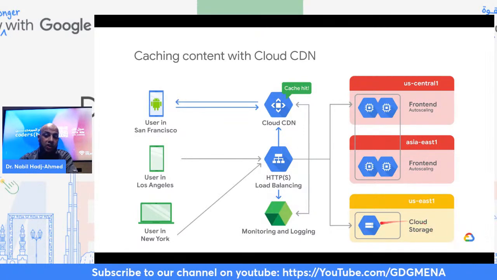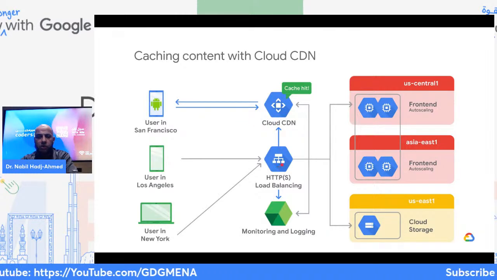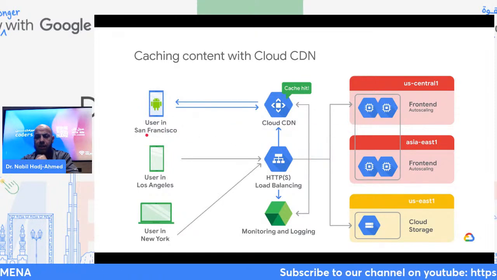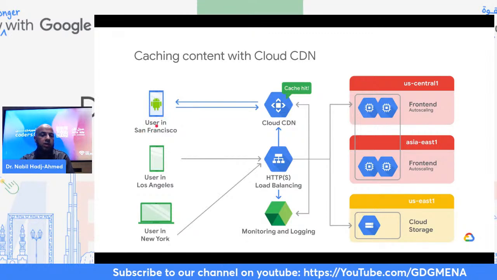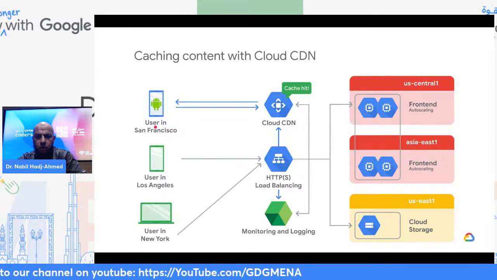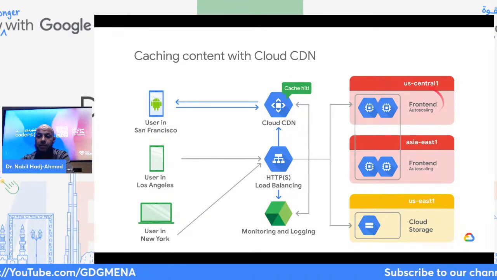And I can use caching of my content as well, just with a tick box as part of the configuration of the load balancer. So with the intelligence that I have in the load balancer, in this particular case, a user in San Francisco, when they use the IP address to log into the application, will be sent to the US Central 1 instance group.